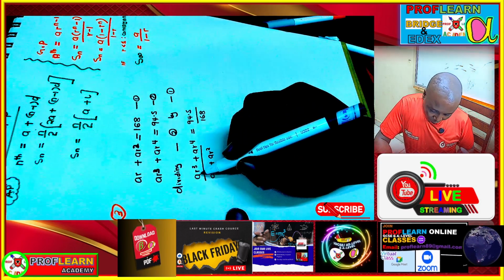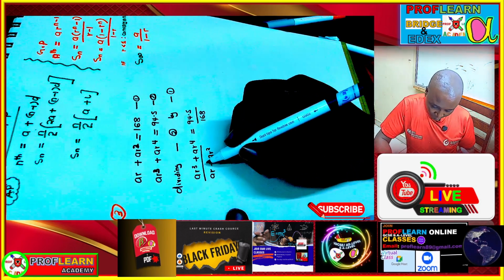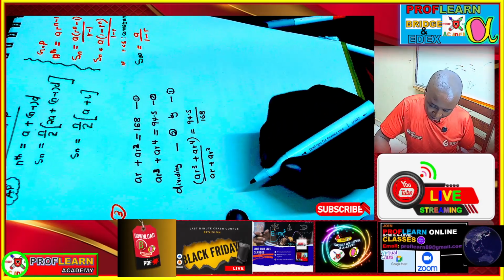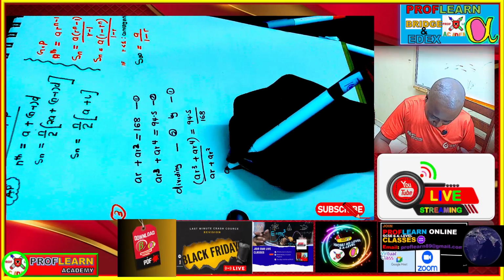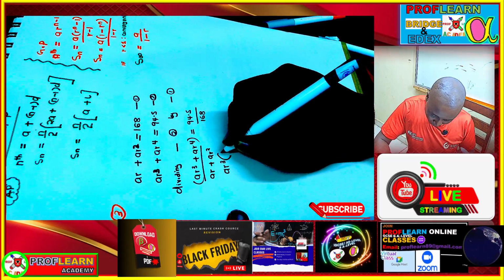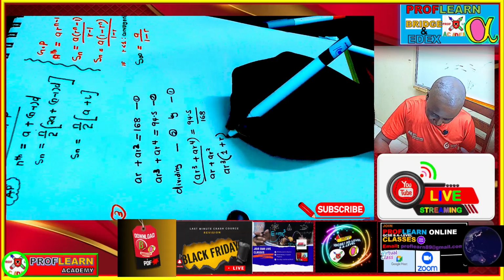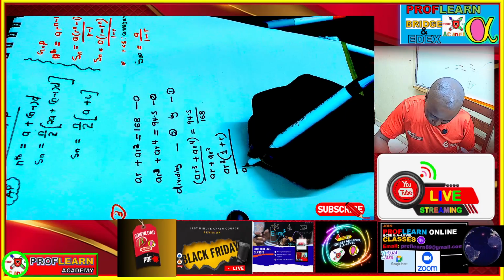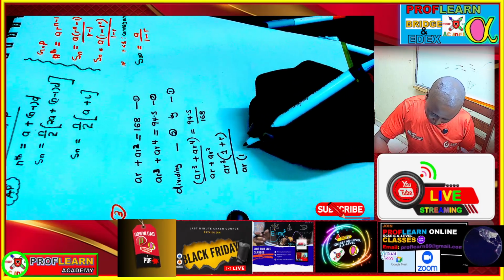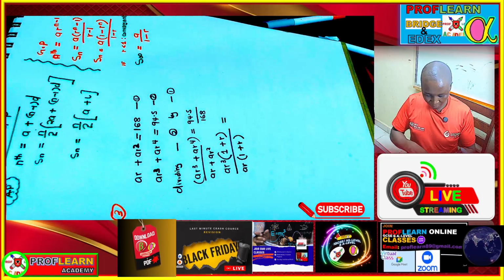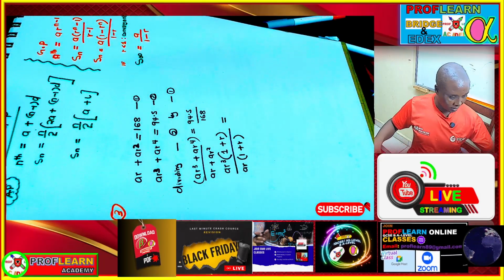Now we can factor out what is common. On the numerator we can factor out AR power 3, and we shall remain with 1 plus R. Over, we can factor out AR here, and we shall have 1 plus R.